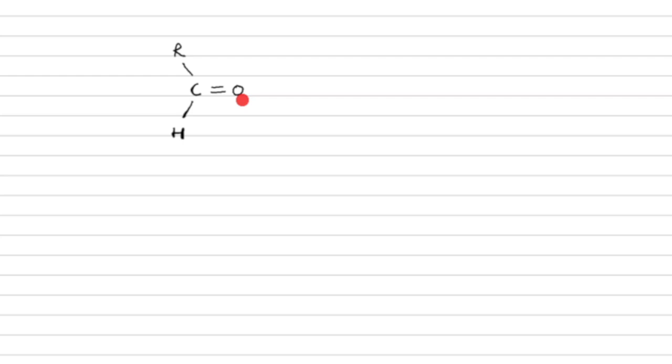Now you know that the oxygen atom is more electronegative. It shares a bond, but it pulls the electrons more to its side. Not completely, but a little bit, partially. So that will get a partial negative charge on this.